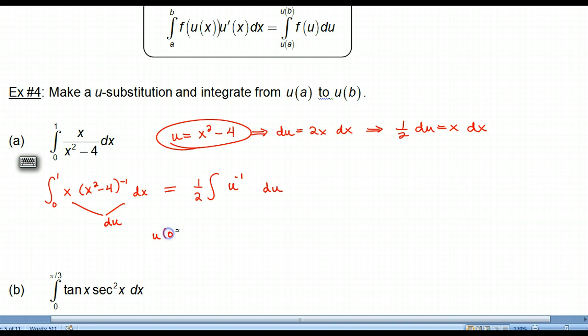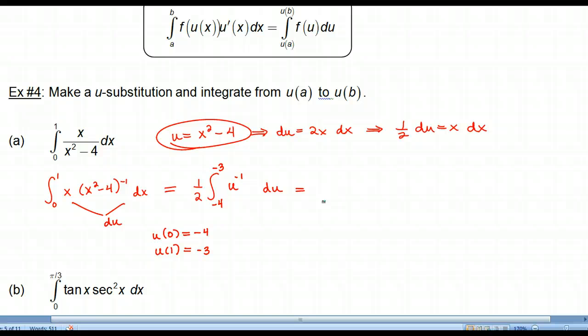So if I figure out what u of 0 equals, plug in 0: 0 squared minus 4 is -4. So that becomes my new lower bound. And then for 1, it becomes -3. So that becomes my upper bound. Plug the x values into u, and that's your new bound.